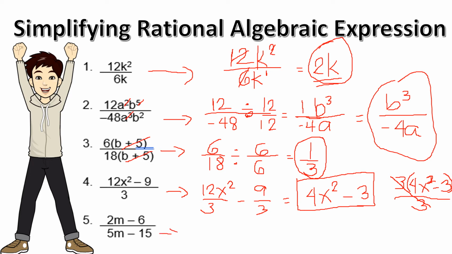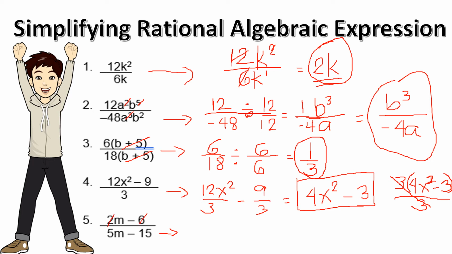Next, number 5. 2m minus 6. So, may hanap tayo ng common factor. Ano yung factor na mabubuo? As we multiply, we will have a product of 2m minus 6. So, sa 2 and 6 tayo kumuha ng factor.